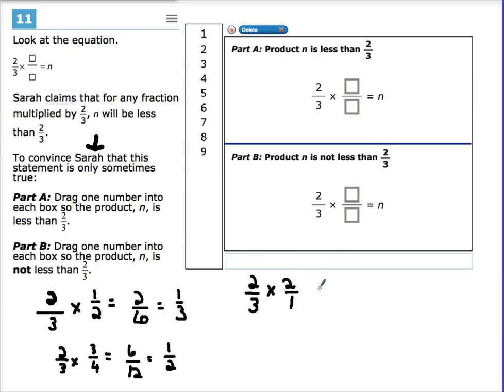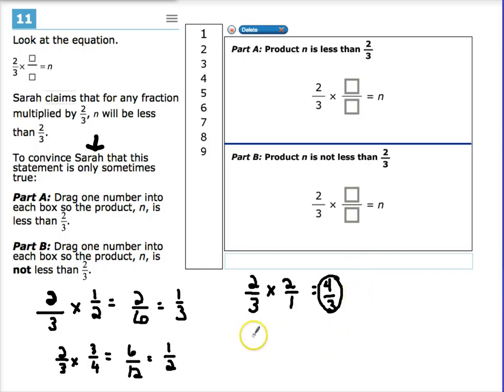Well, if it's 2/1, that's a fraction. 2 times 2 is 4. 3 times 1 is 3. Well, I multiplied and my answer is bigger than 2/3.